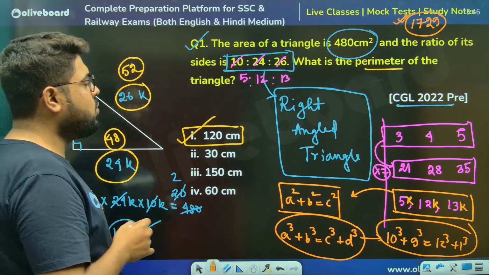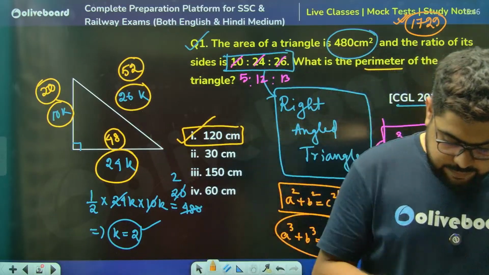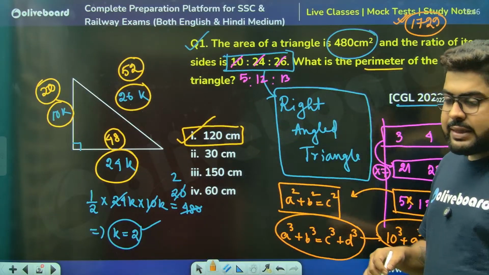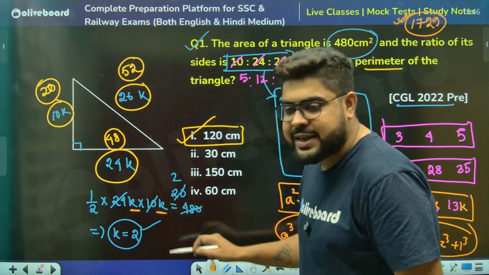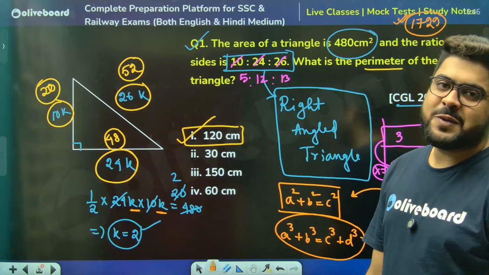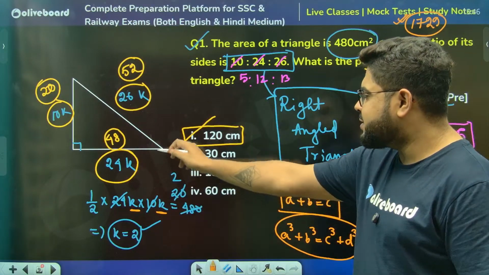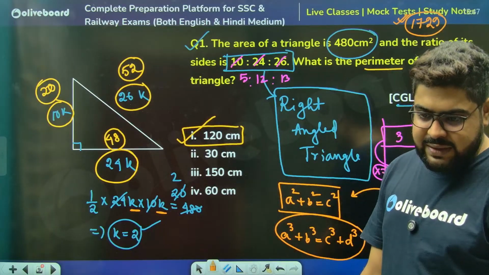No, no, I'm not getting this. So K square is there. You see, K is here. K square is 4, so K has to be 2. Not -2, because definitely I cannot take minus, length cannot be negative.